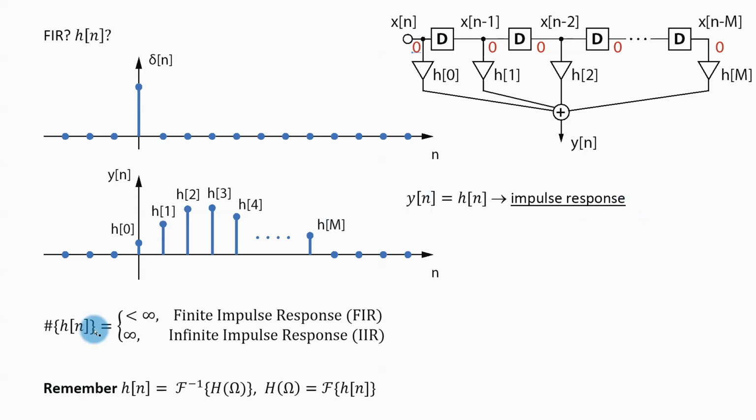If the number of non-zero values of the impulse response is finite, like we have it in this case, we call the filter finite impulse response, or FIR. Or we can talk about an FIR system. If the number of non-zero values of the impulse response is infinite, then we talk about the infinite impulse response filter, or IIR filter, or IIR system.